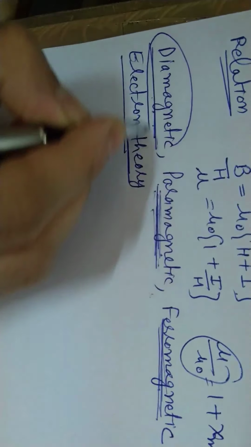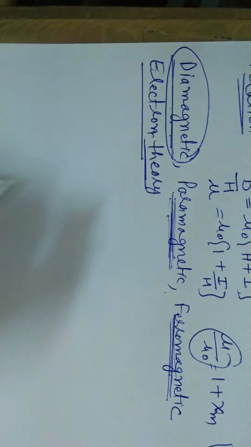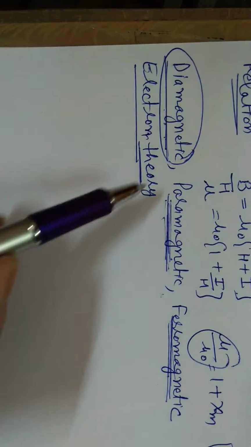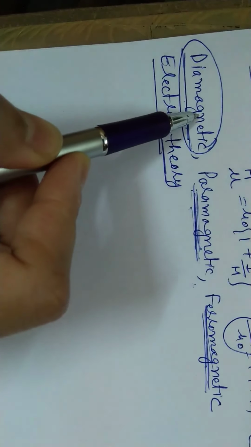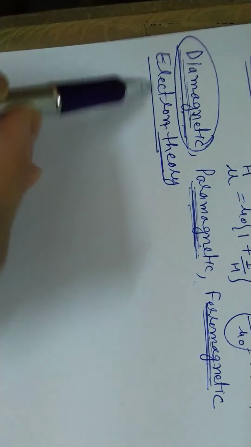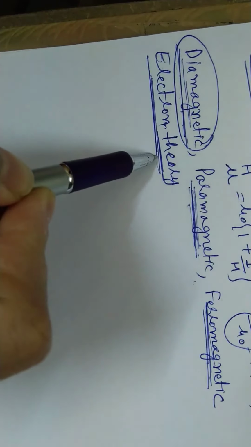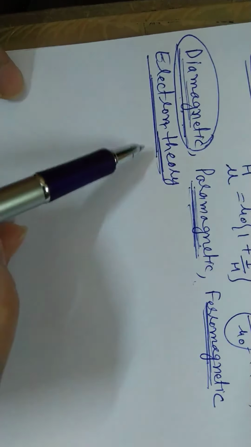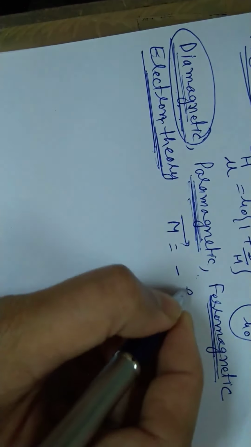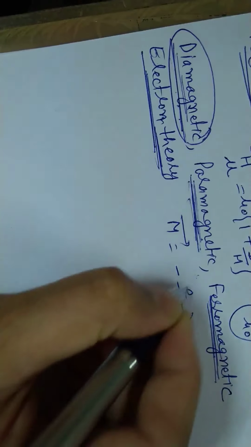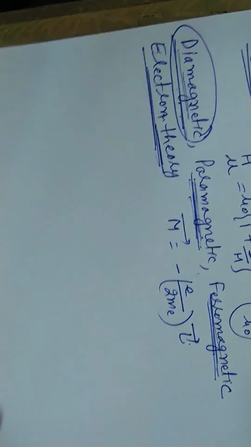Now diamagnetic material is non-magnetic, we can say, feebly repelled by the magnetic field. According to electron theory, in diamagnetic atoms the dipole moment is minus e upon 2 m_e times L vector, opposite to each other.